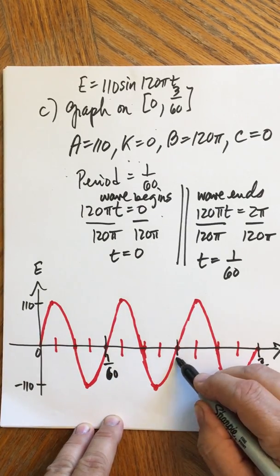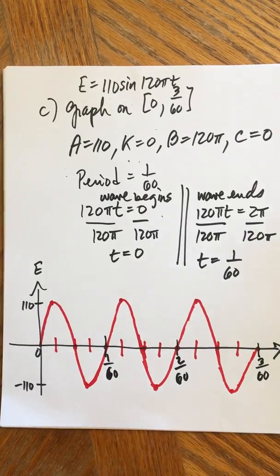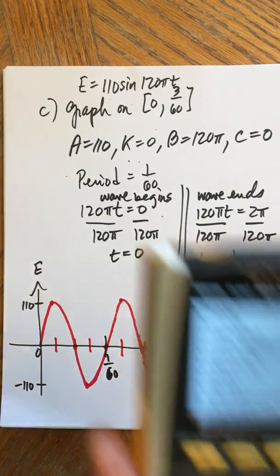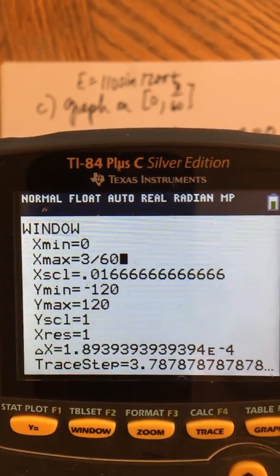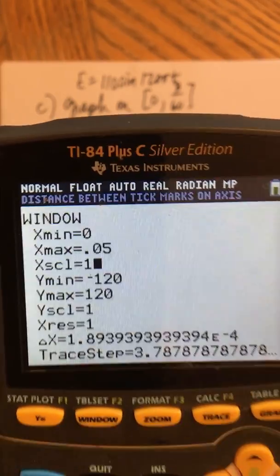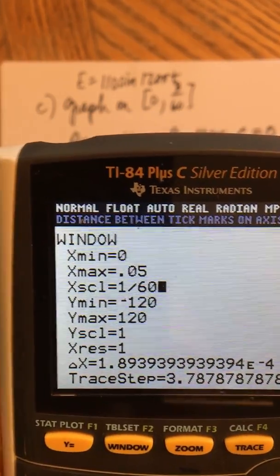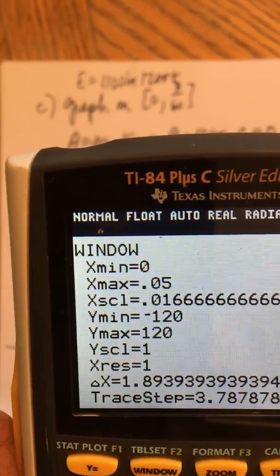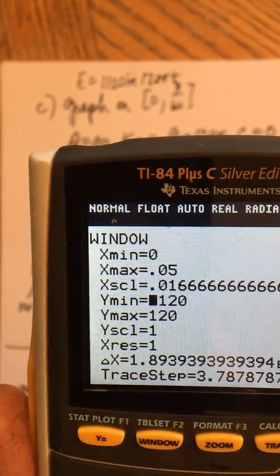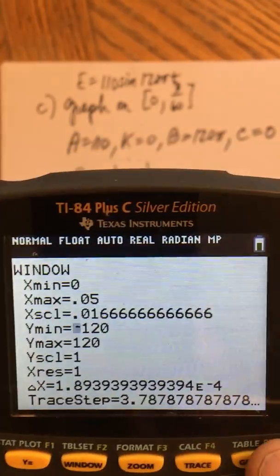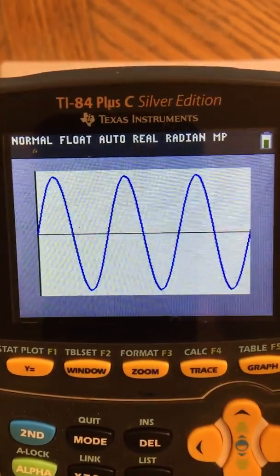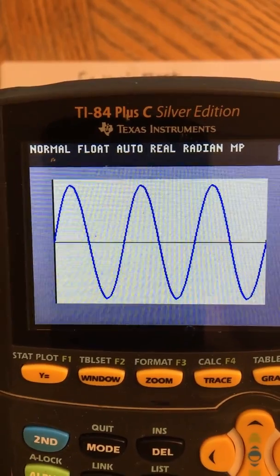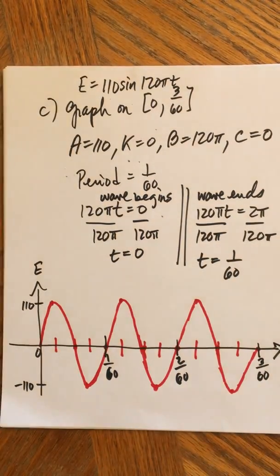Here's the end of the second wave, 2 over 60, end of the third wave, 3 over 60. So now the x scale I would probably do 1 over 60, to see one wave. And then I want to go from at least negative 110 to positive 110. I like to overshoot it a little so I have some space. Then when you press graph, there's your graph. All right, thanks so much for listening.